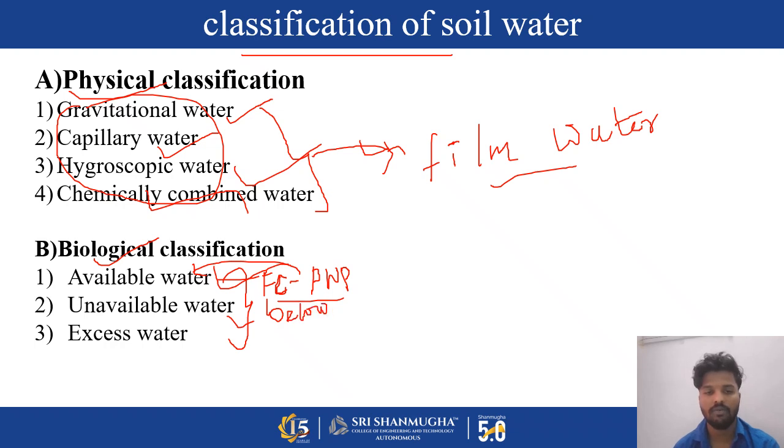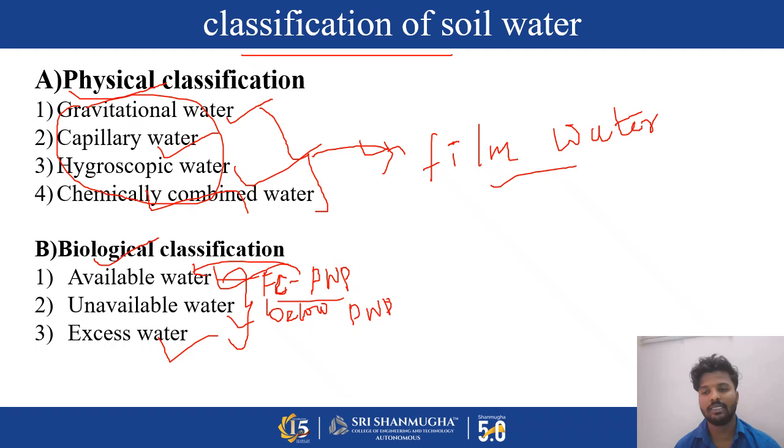Below the permanent wilting point, the plant cannot absorb the water. So examples for unavailable water are the hygroscopic water and chemically combined water. Then the third type is the excess water.